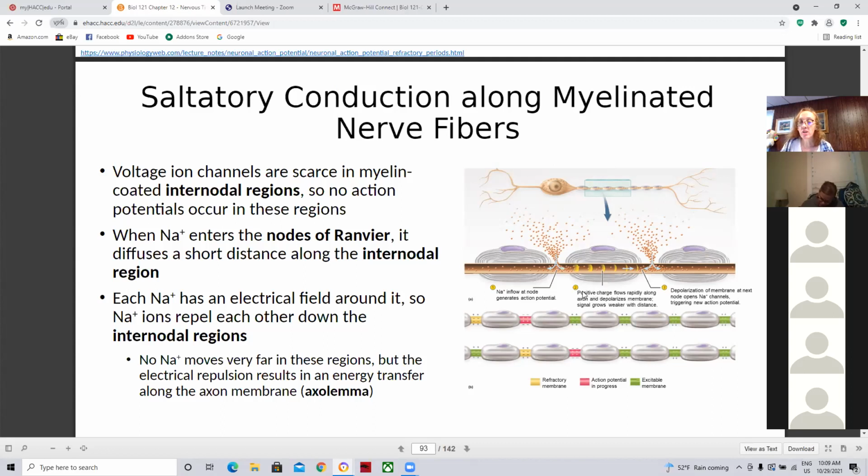So no sodium moves very far in these regions, but the electrical repulsion of the individual ions is going to result in an energy transfer along the axon membrane. There's a lot of sodium entering, but it repels one another. And so they slowly, just based on their own electrical repulsion, move down. And they can't leak because there's not a lot of channels to leak out of. And it's also coated in myelin, which also makes it really hard to leak out of.